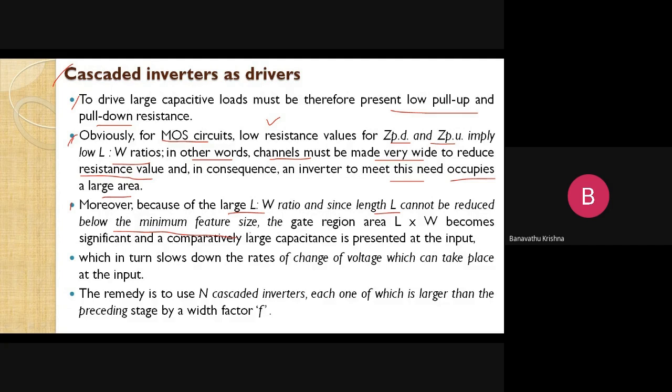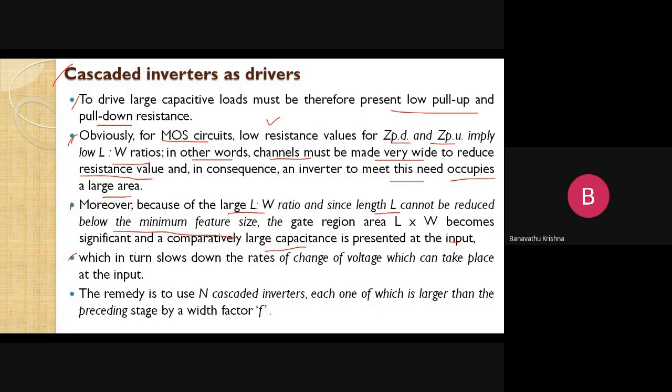So the gate region area, that is L into W, becomes significant and comparatively large capacitance is present at the input. When the channel width is wider, the capacitance is going to increase, I mean it is a wider area.